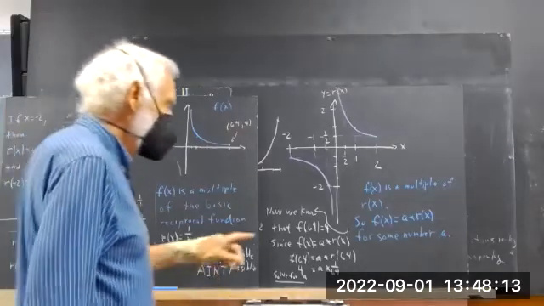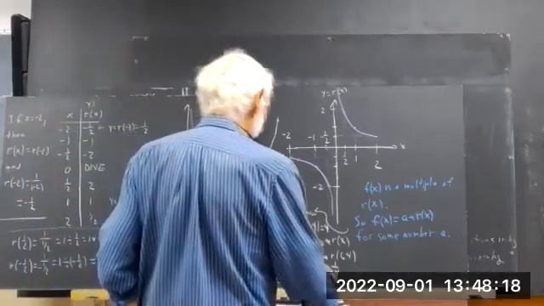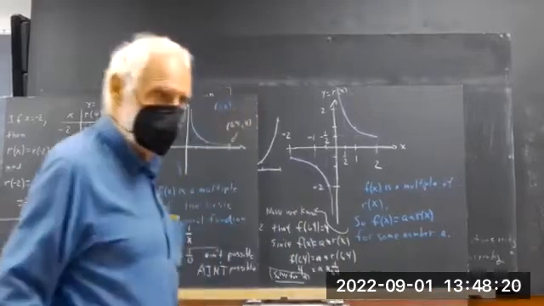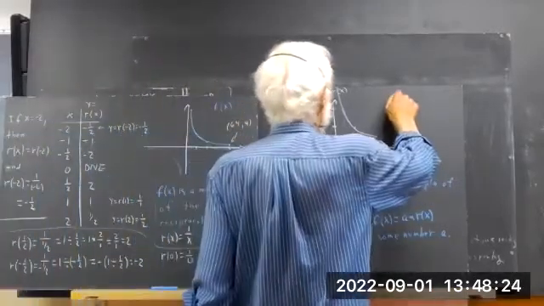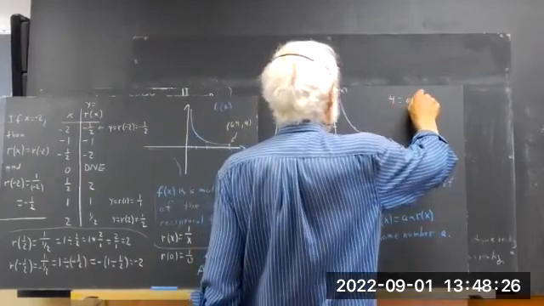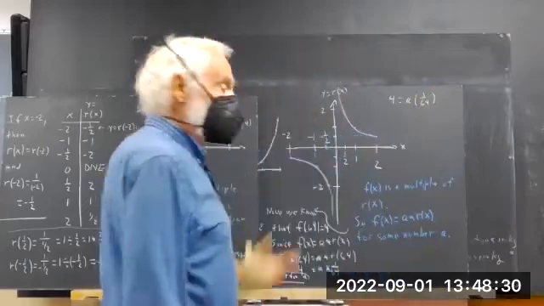Now, I expect some people have trouble with this. I didn't expect practically everybody would have trouble with it. So I'm going to write this up here. We're trying to solve for a, right?